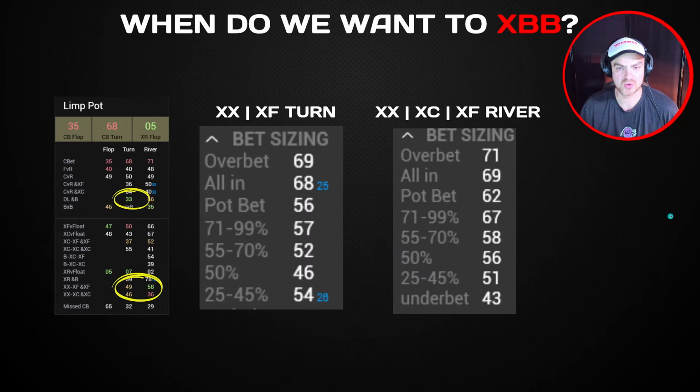And now, when do we want to check bet? So this is the alternative line. When we don't float bet, we check the flop, right? And then the question is, when do we want to bet the turn? And how do we play turns and rivers?